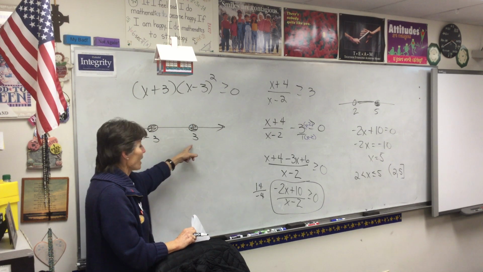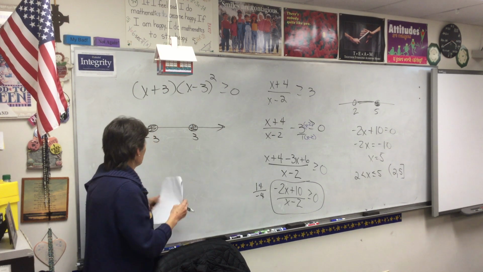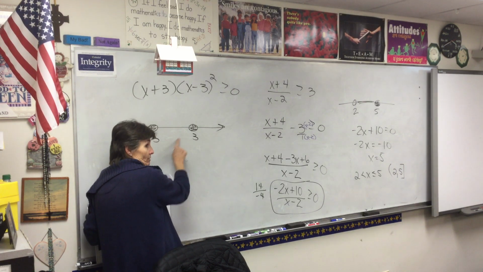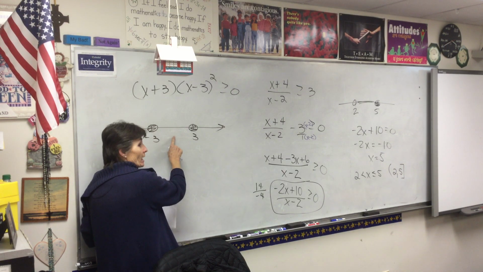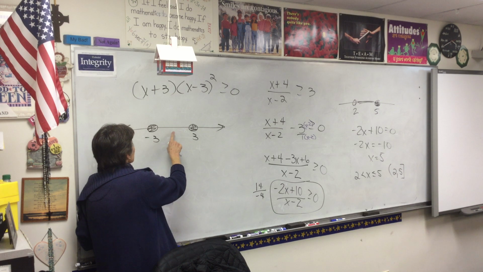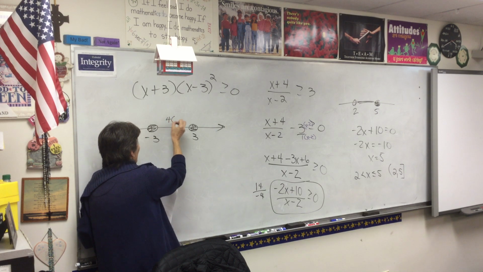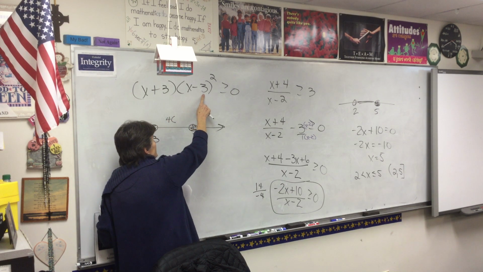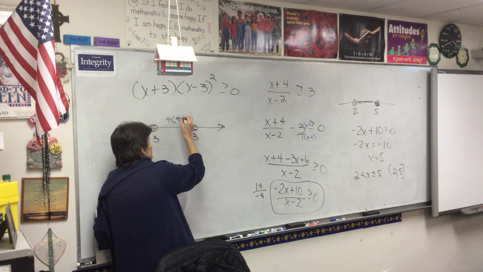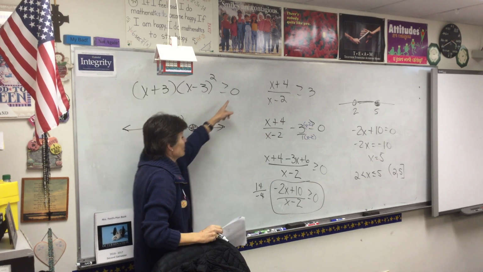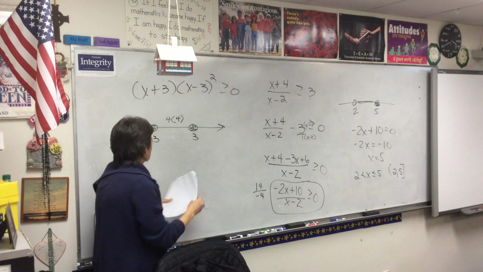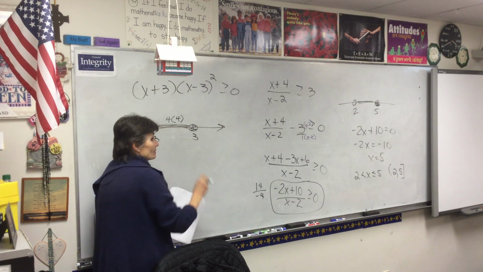So pick a number that's not those. 1. Now 1 is in here, so that's okay. Just pay attention to where you're shading. So 1 would give you 4 times 4. Is that bigger than 0? Yep, so we're going to shade that.